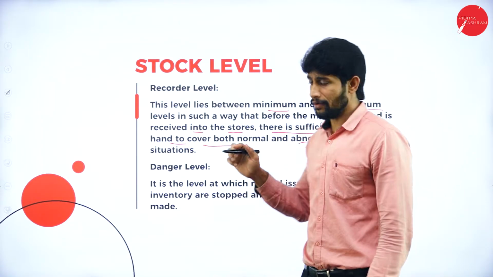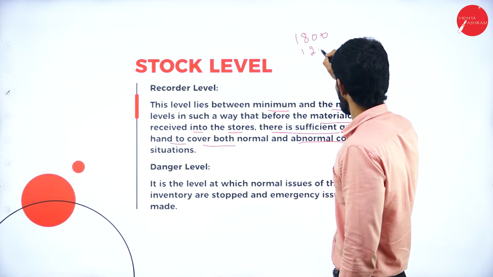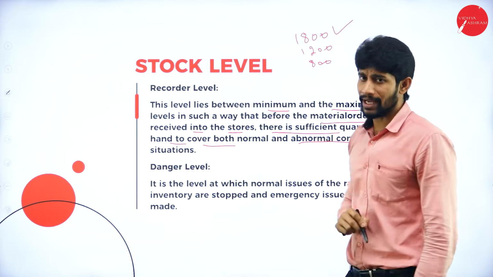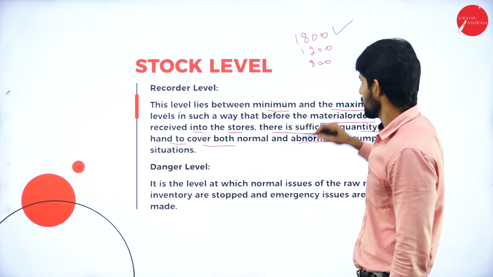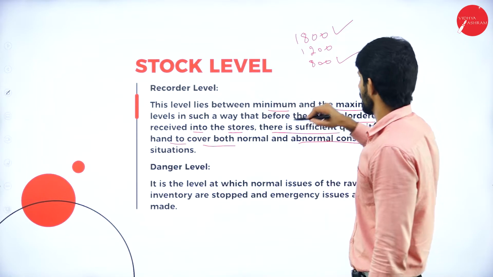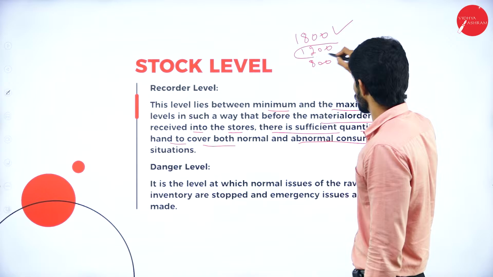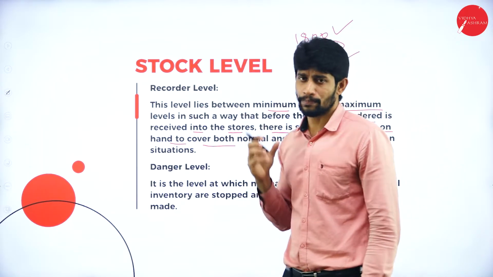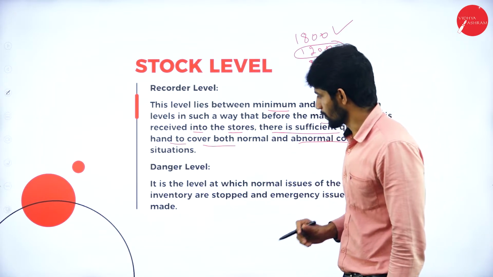Here I have given the example 1800, next 1200, next 800. So 1800 is the maximum level and 800 is the minimum level, so the reorder level is between the maximum and minimum level, that is 1200. So maintain the reorder level of products for the smooth running of the production activities.